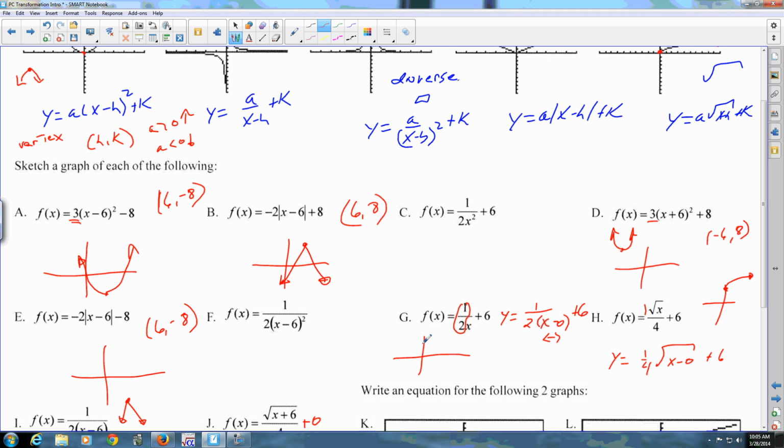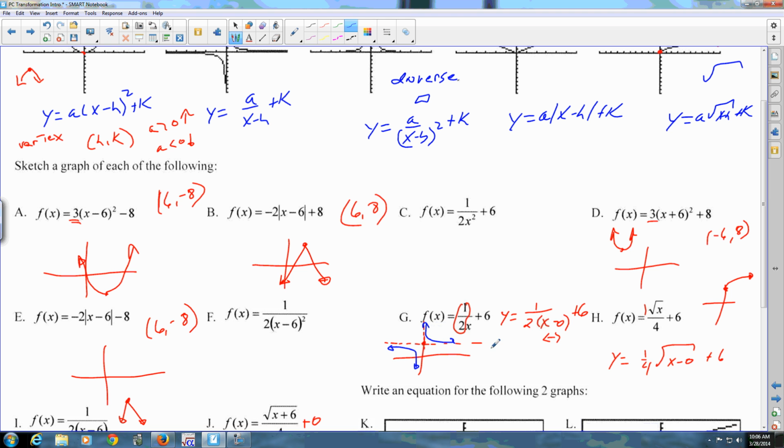So your center point is up 6 units. Your horizontal asymptote that used to be here is now pushed 6 units up. Your vertical asymptote is still right here. And A is positive, so your hyperbola is sitting here and here.